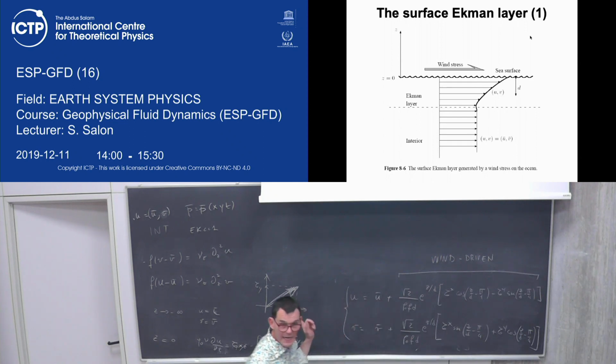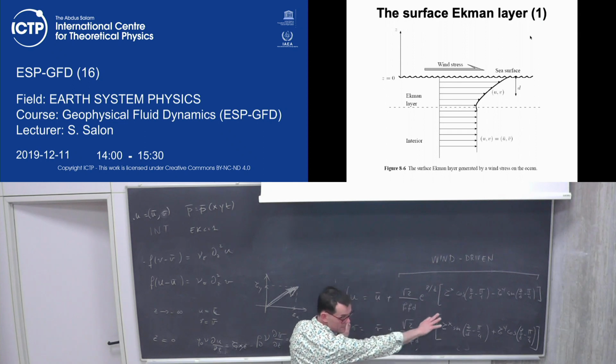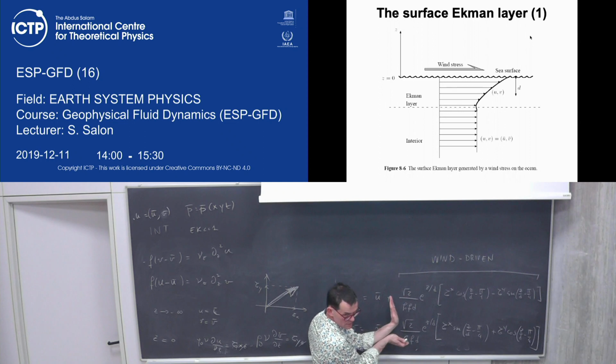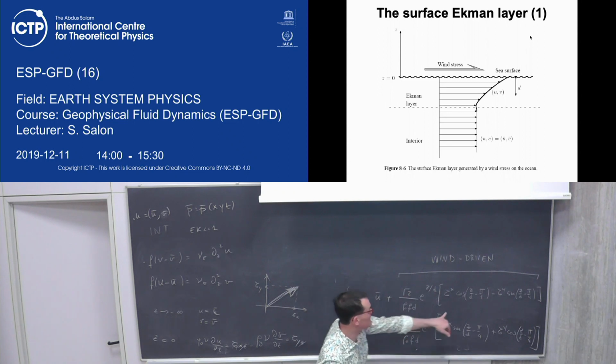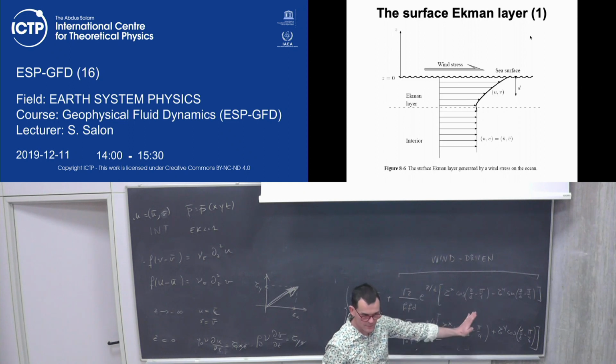While in the bottom layer, you can have a similar solution, like U equal to U bar plus something, V equal to V bar plus something. Well, the something here for the surface Ekman layer is related to the tau. So if wind is 0, there is no wind-driven component.